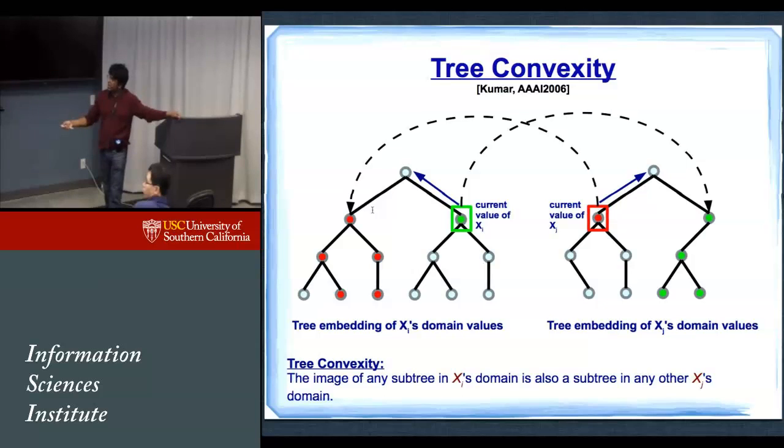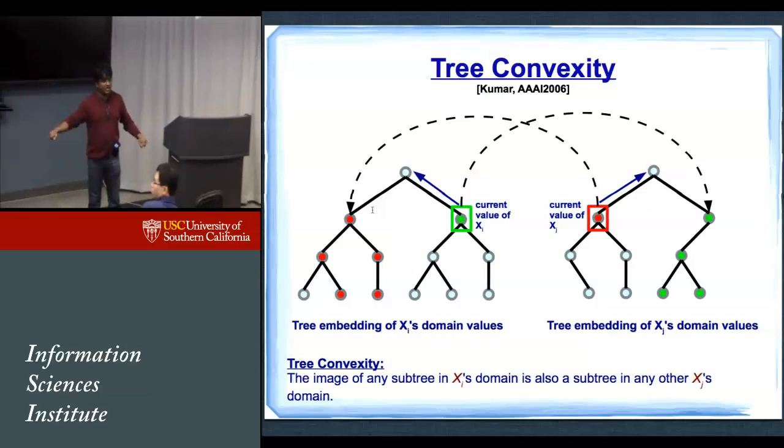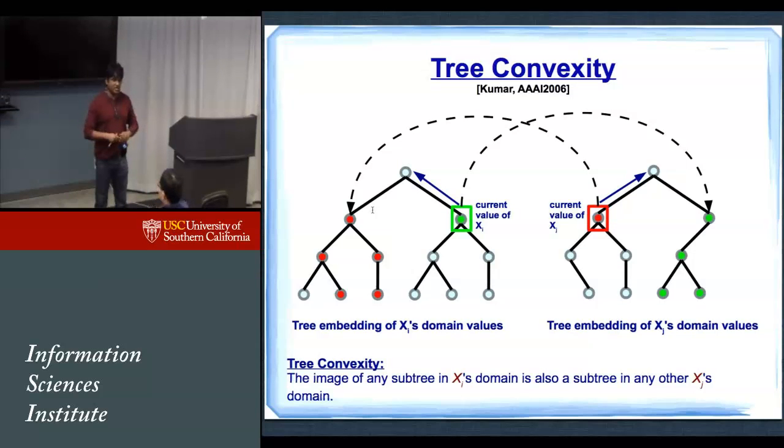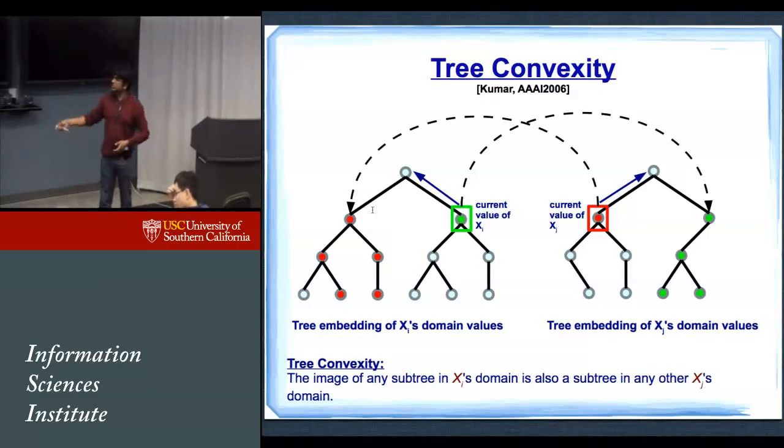So instead of embedding the domain values of all the variables in a linear ordering, we're going to embed them in a tree structure. And by the way, these kinds of problems actually arise in scene labeling problems in computer vision. So for the domain values of every variable, there is no linear ordering, but they're embedded in a tree structure. Here is the tree for xi, here is the tree for xj.